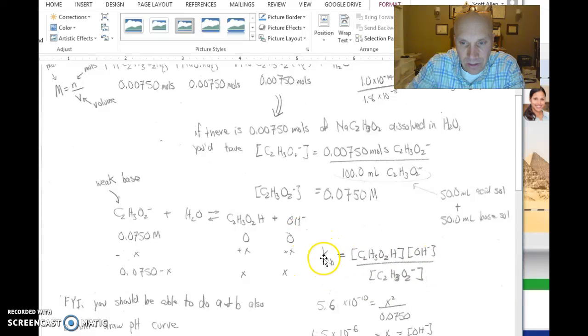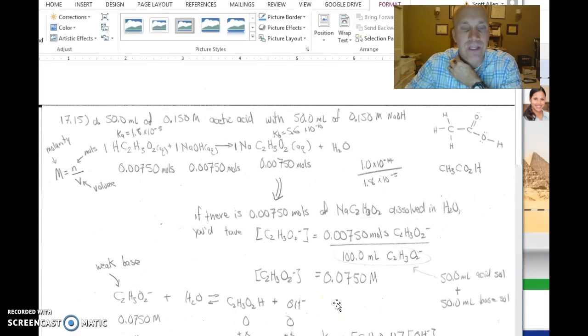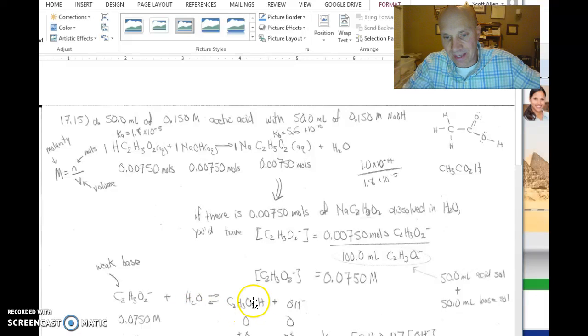So now we just need to know what the Kb is. All right, so the way that we're going to get that is through knowing what the Ka of acetic acid is. And this is actually located in the index of the book that you're using. But what I also wanted to point out is that the data is also found in the data booklet, which most of you guys now have.